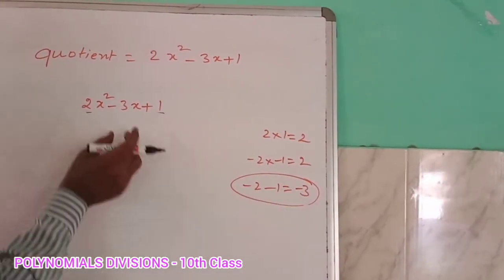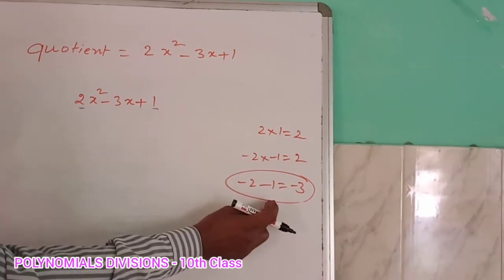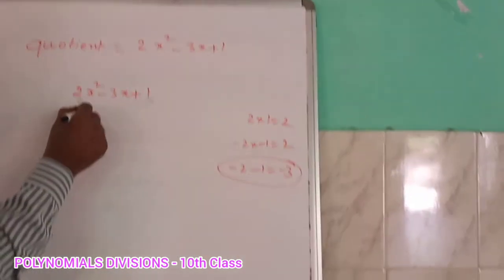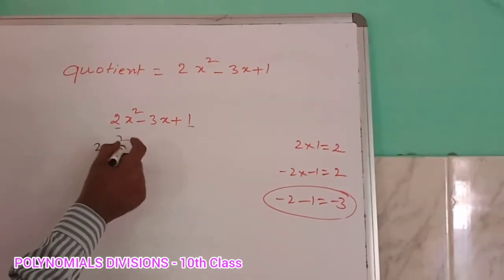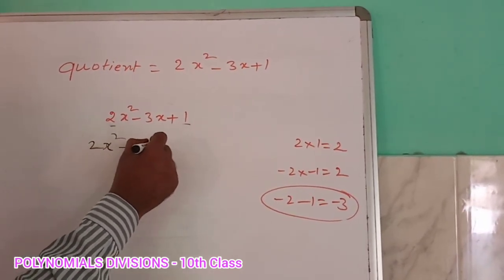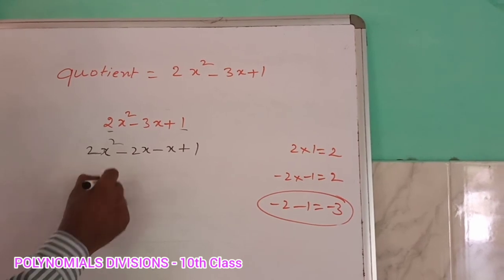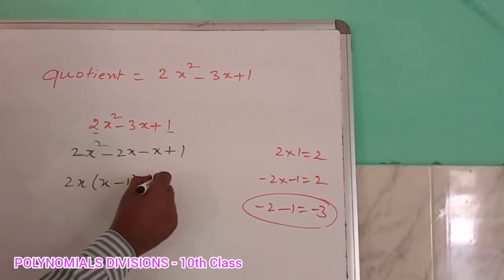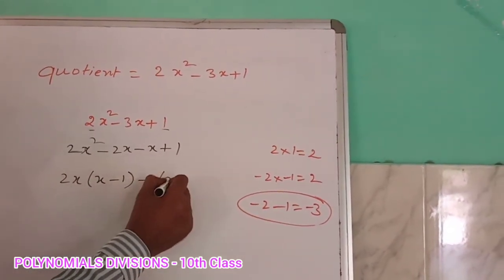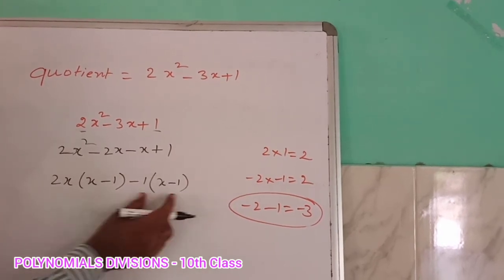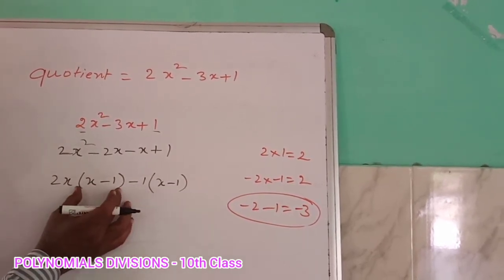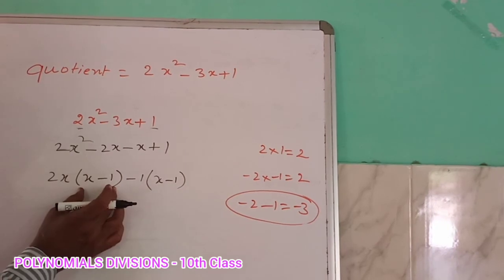So minus 3x is expanded like this: 2x square minus 2x minus x plus 1. So what is the common factor? 2x, so 2x into x minus 1, and minus 1 is common, x minus 1. These two terms have the common factor x minus 1.